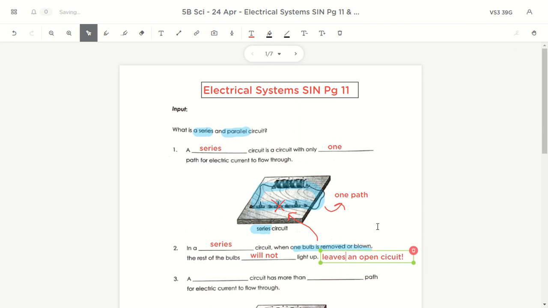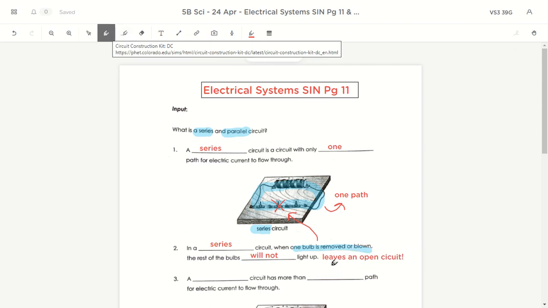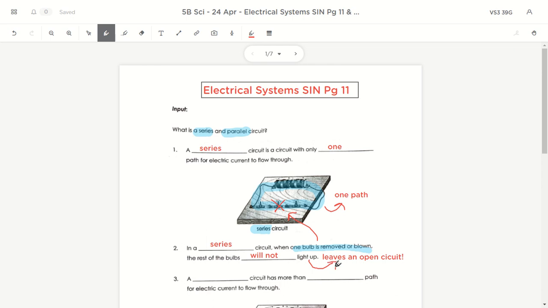Once a light bulb is blown or removed, there will be a gap here and it becomes an open circuit, so the rest of the bulbs won't light up.